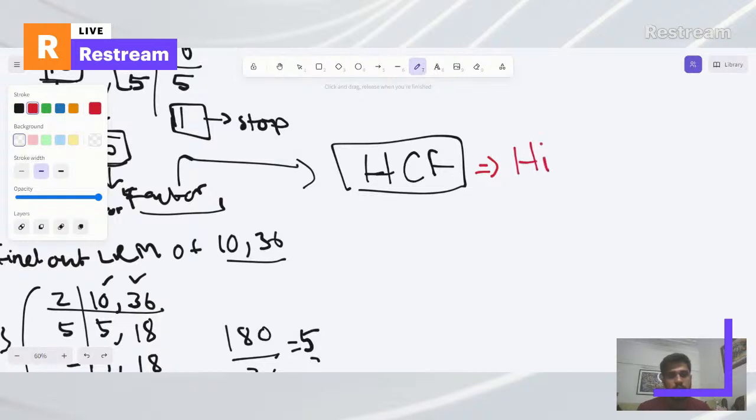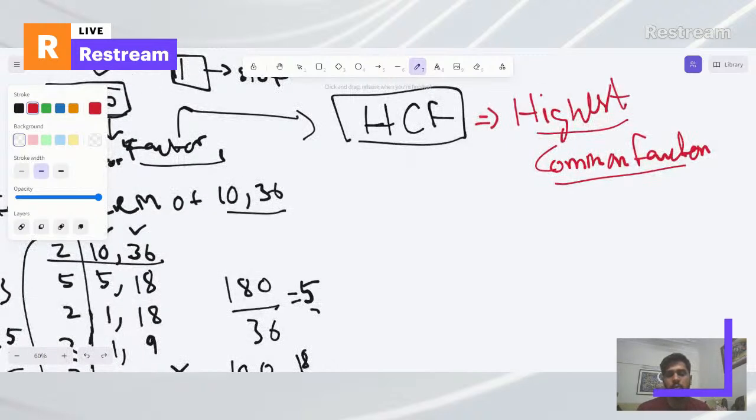Exactly, accurate. So it stands for highest common factor, right? This is not that advanced of a topic, so I'm just going to go through this topic really quickly because it utilizes essentially the same concept as LCM.